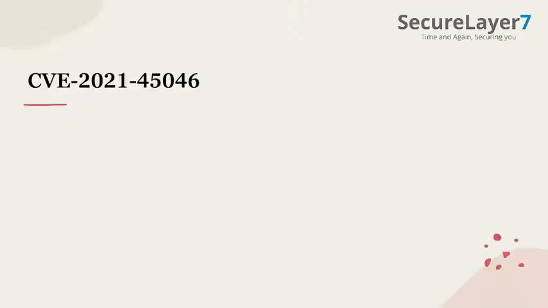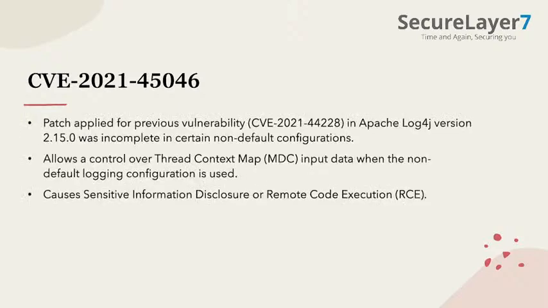It's CVE-2021-45046, right? So the patch which was previously addressing Log4Shell was incomplete, I would say, with non-default configuration. So the attack scenario was a bit different, but the outcome of this particular vulnerability was almost the same.